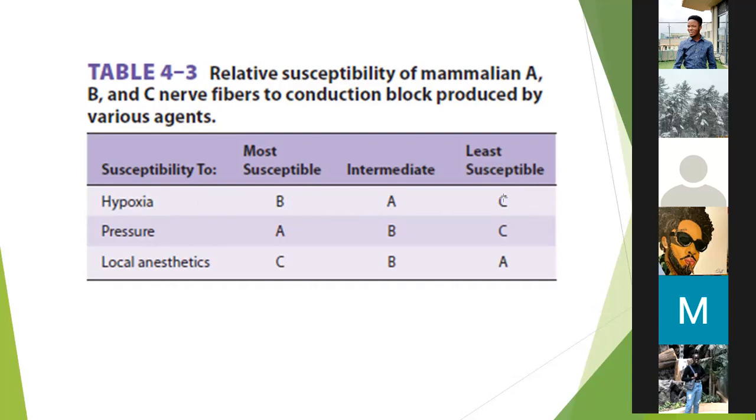On the other hand, the least susceptible are the C fibers. This is the dull pain. Okay, it's not sharp. You can feel it. Crude touch, you can feel it. And what else was falling in the category of C fibers?